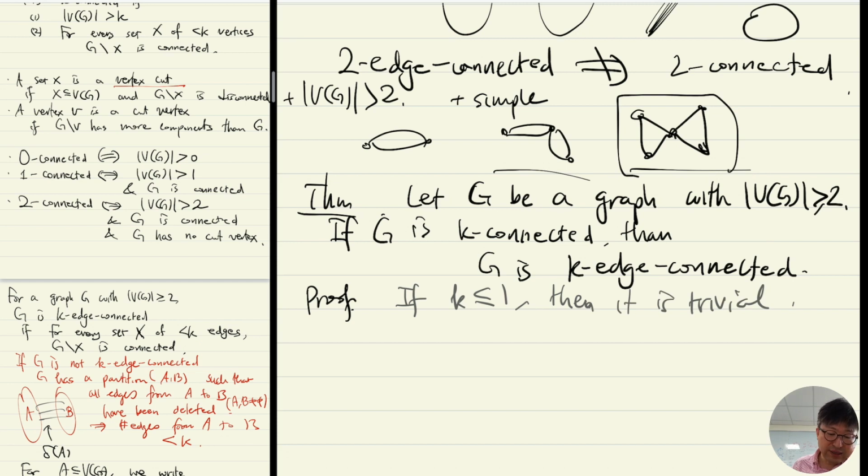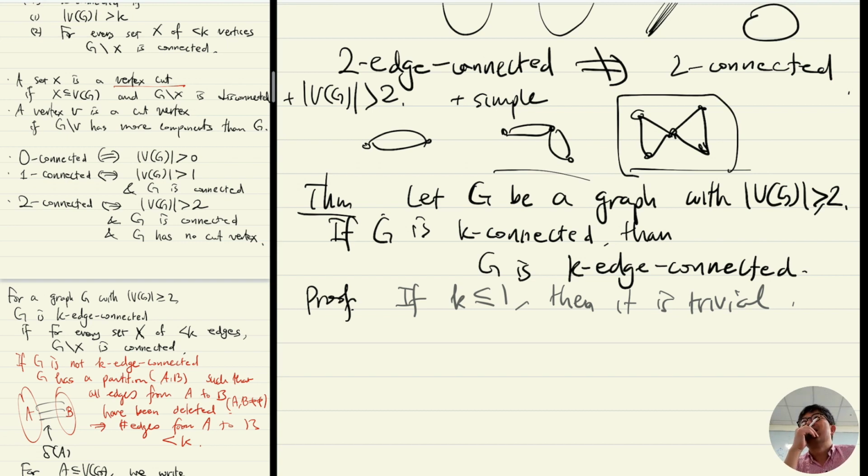If k is 0, then it's trivial, right? It's only about the number of vertices. Every graph is 0 edge connected. Oh, no, I think I'm cheating a little bit.